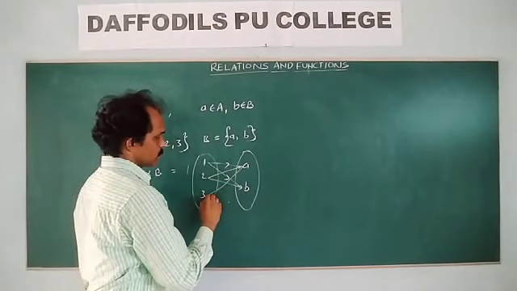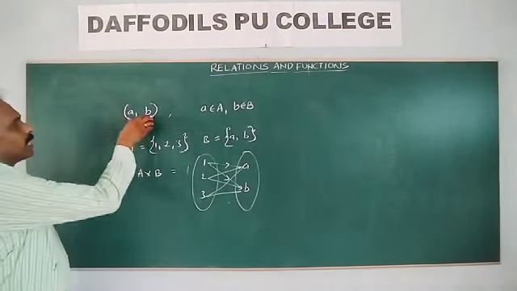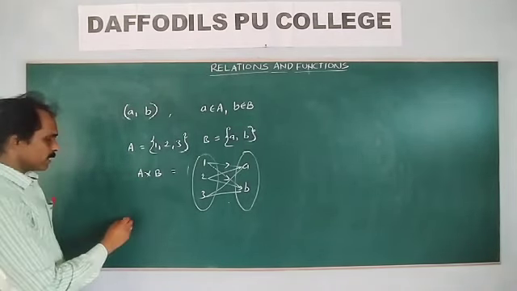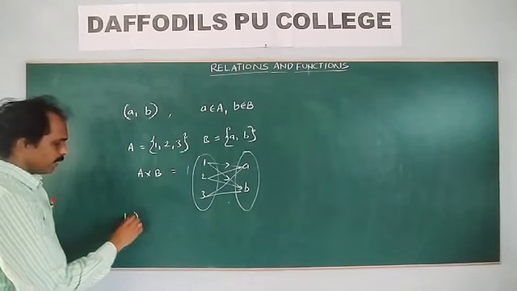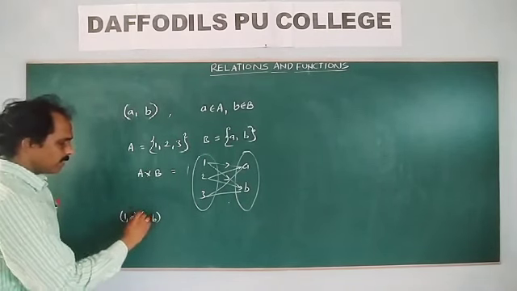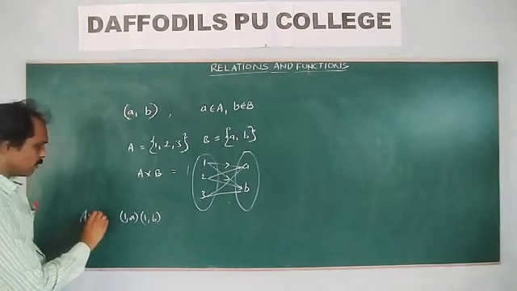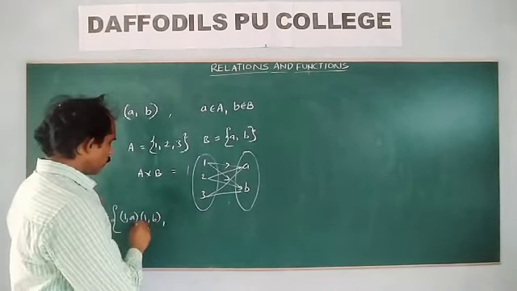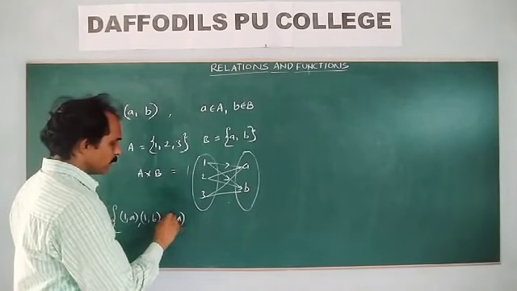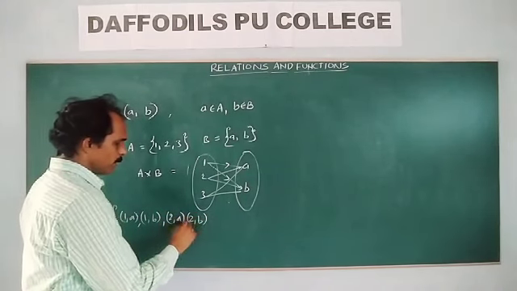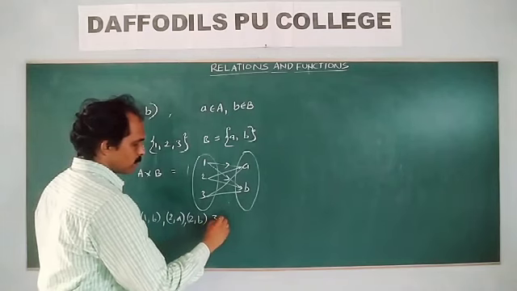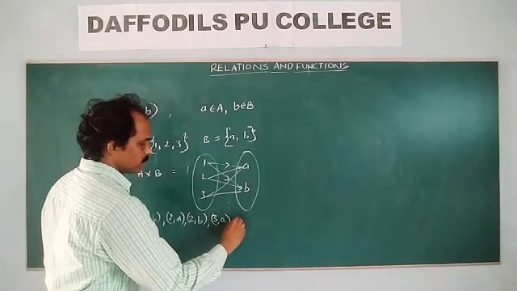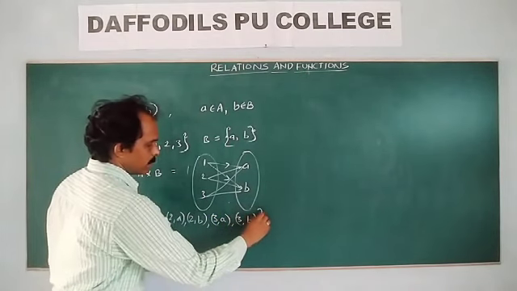So the ordered pairs obtained from the Cartesian product of A and B are: A Cartesian B is equal to {(1, a), (1, b), (2, a), (2, b), (3, a), (3, b)}.